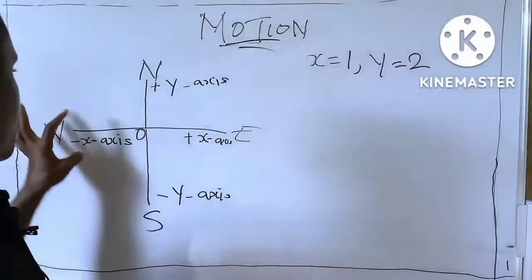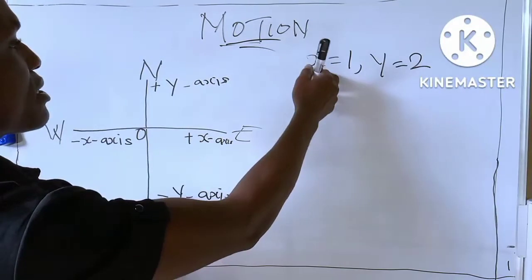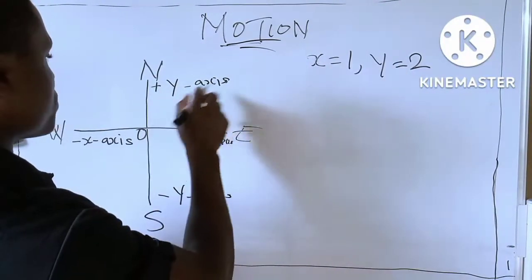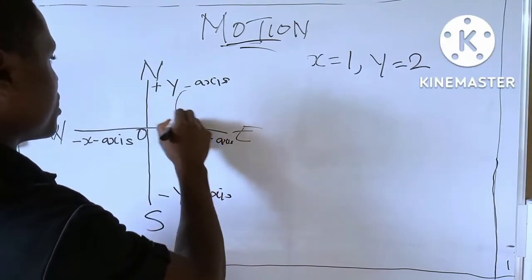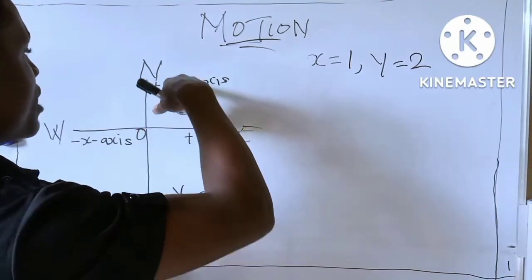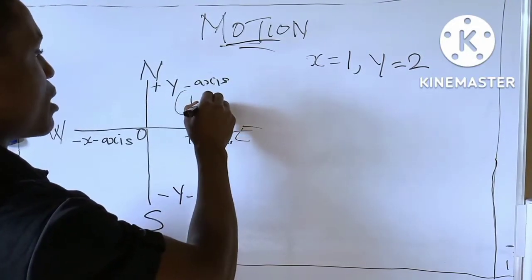Here is positive and here is negative. So here x equal to 1 and y equal to 2. Here we have positive x and positive y. So write 1, comma, 2.